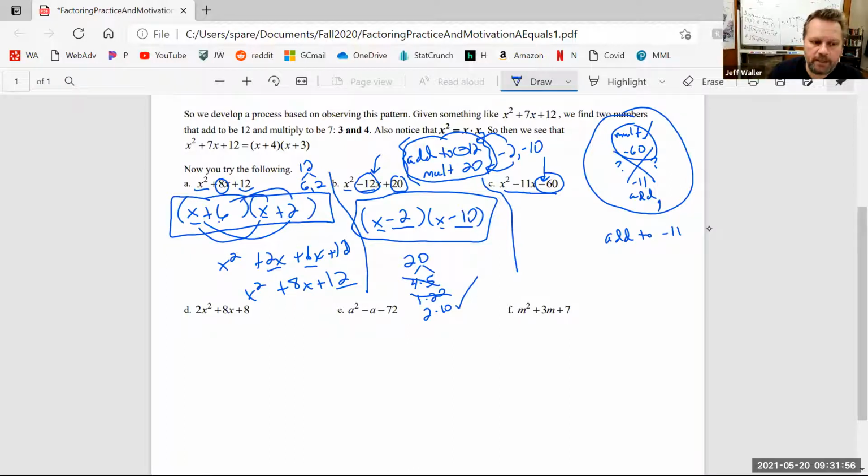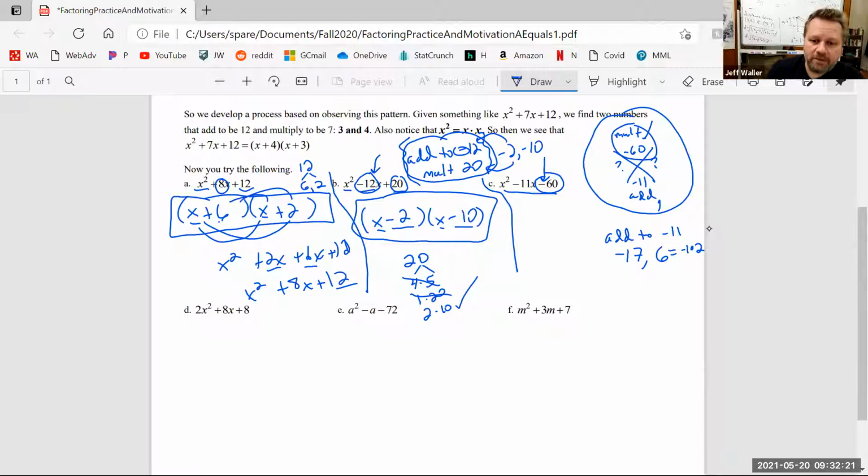So in that case, wouldn't 17 and negative 6 make negative 11? Yes, but it's not the correct answer. I know. I'm building up to the answer. If you multiply those, you get negative 102.